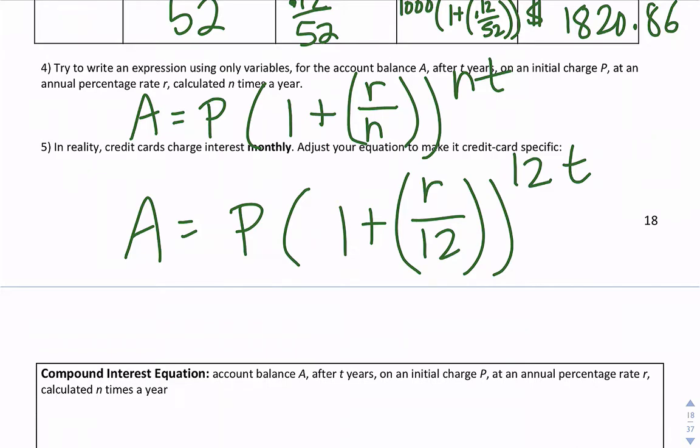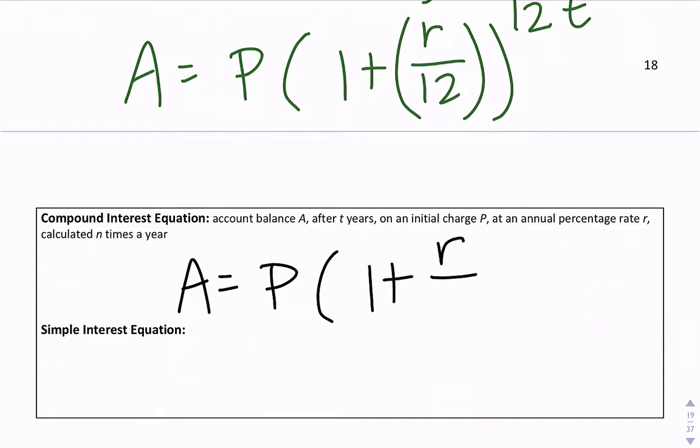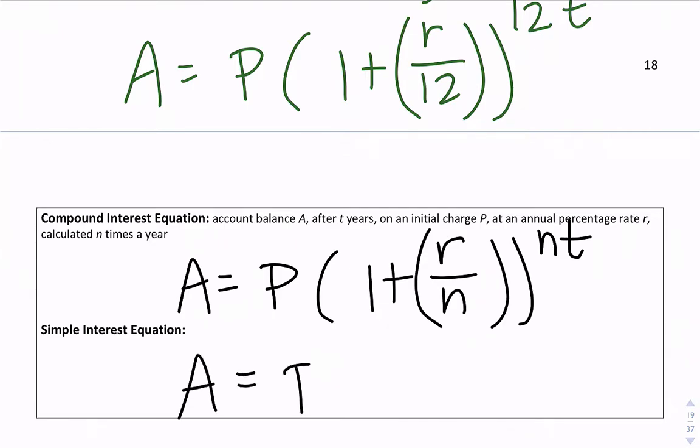So compound interest, again, is that equation, is when they take it more than once a year, and the compound interest equation looks like this. Your principal, it's 1 plus your rate over the number of times per year, and then NT. Okay, simple interest was this.